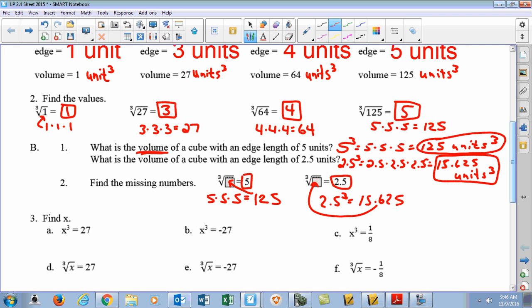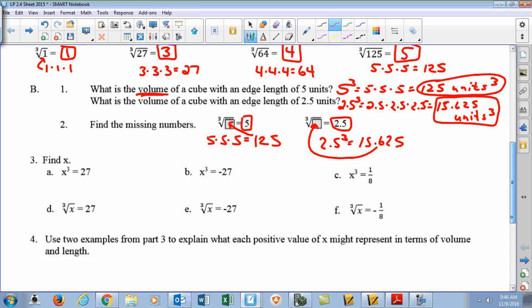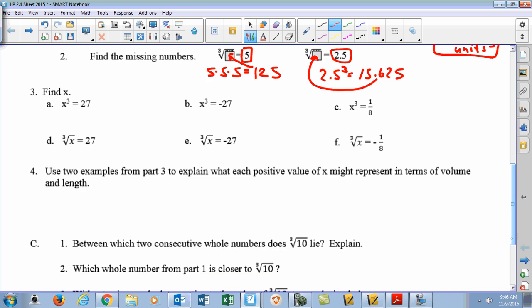All right. So again, just dealing with cubics. It's one more time you're multiplying a number by itself. So again, very similar to what we've done in the past with square roots, just dealing with one more variable. So let's go to part 3. So find x. So some number cubed gives you 27.